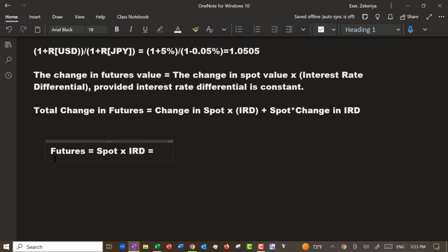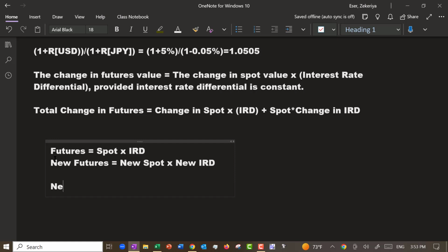You can think of this just, let's do this. New futures is new spot times new IRD. We're doing this to figure out two things. One, what is the rate at which we need to hedge?